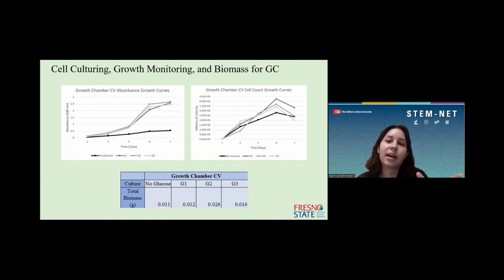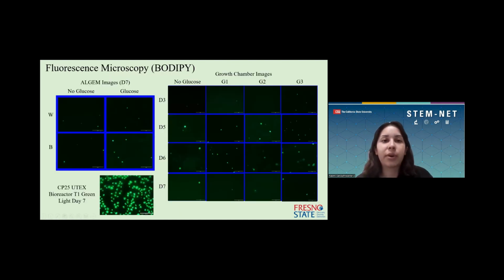We can still see that they had higher cell counts than the no glucose cultures. And this was also reflected in the total biomass. Very notable to point out, though, that the glucose 2 culture did have a significantly higher biomass as compared to the other glucose cultures, though we did use the same standards for all of the glucose cultures. So another very interesting data point.